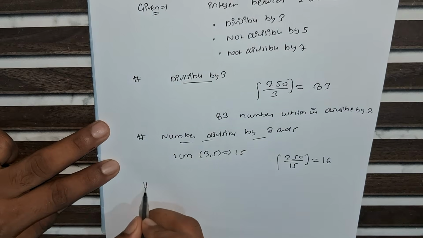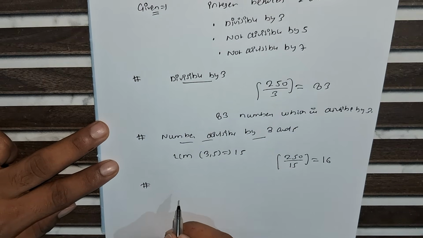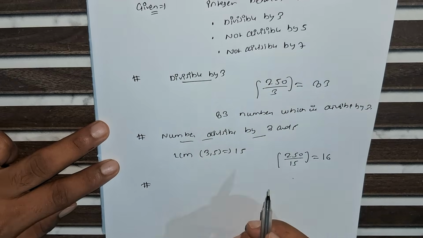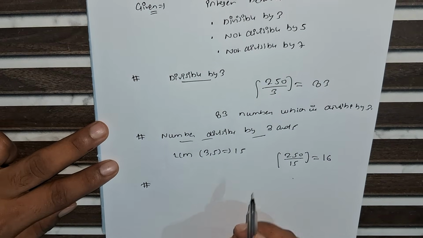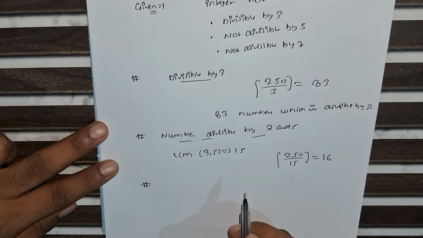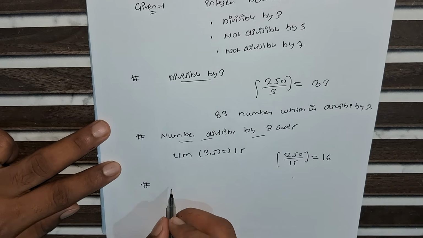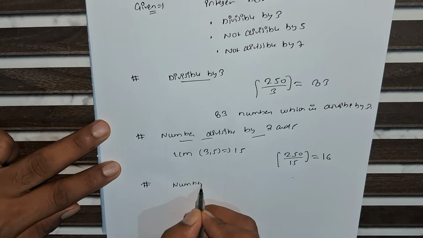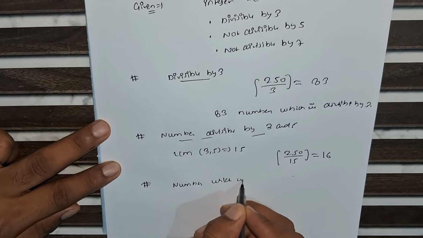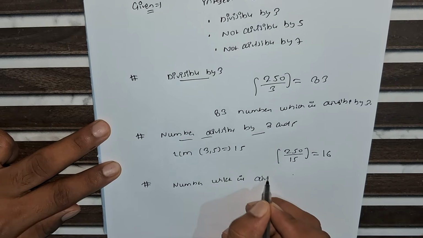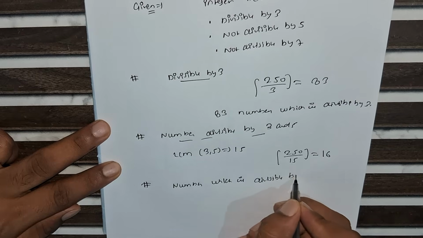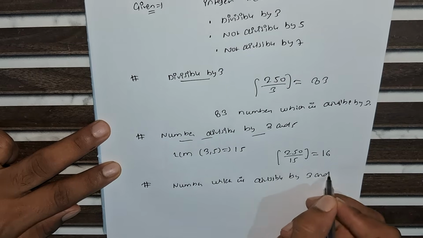Now in the third step we have to find the numbers which are divisible by 3 and 7. Here we are making the combination to get the numbers which are divisible by 3 and not divisible by 5 or 7. So the next step is the numbers divisible by 3 and 7.